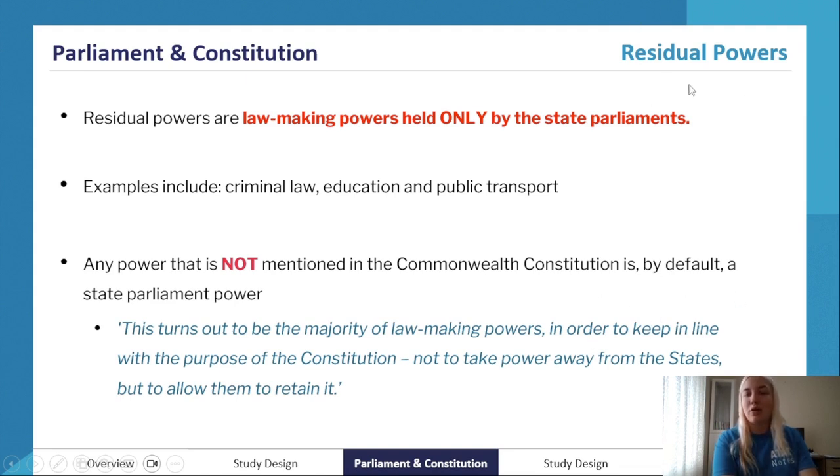So anything that's not mentioned in the Constitution and given to Commonwealth Parliament automatically is a residual power and is a state power. So this turns out to be the majority of lawmaking powers, exactly what I said. Most lawmaking powers are residual and belong to the states. And why that is the case, because when the Constitution was initially established and written, the purpose was not to take away power from the states, but allow them to retain it.